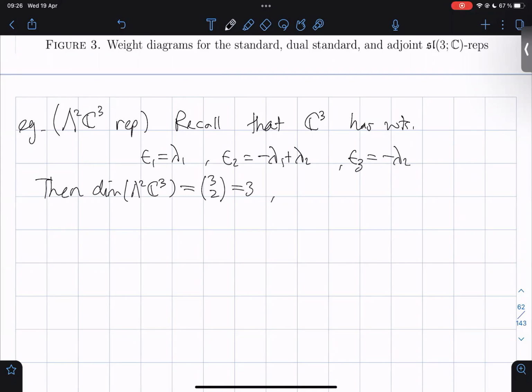You have to take sums. But since I'm doing a skew-symmetric tensor product, I have to take unordered sums, as opposed to with a symmetric product, where you could have repetition as well.